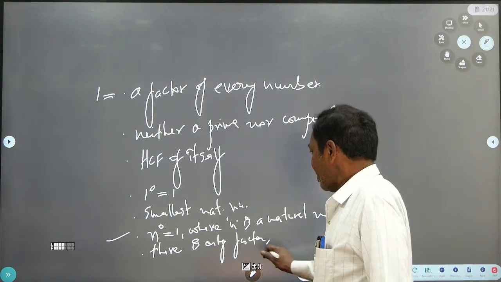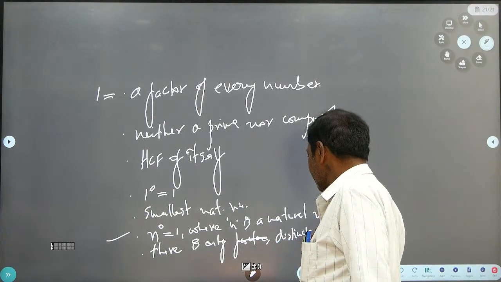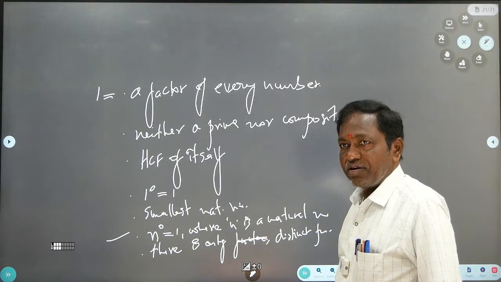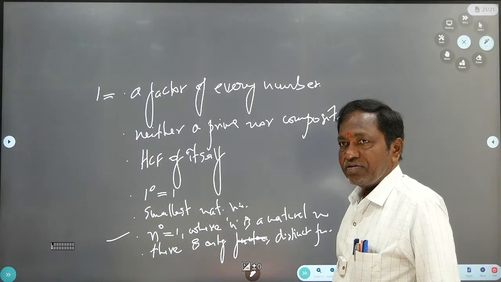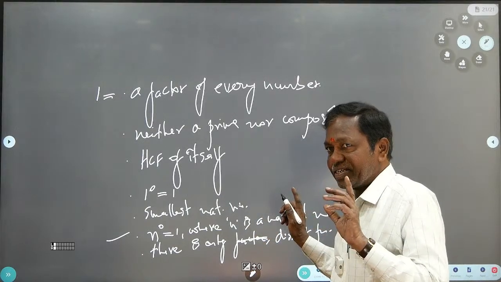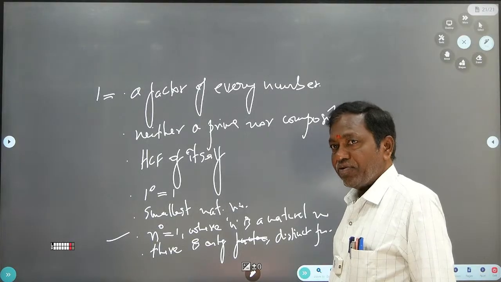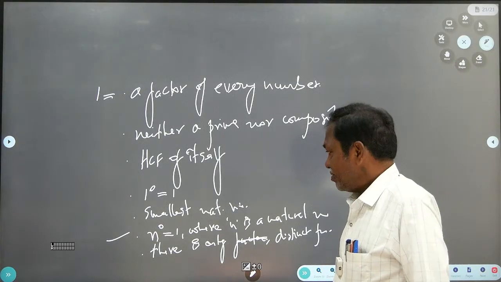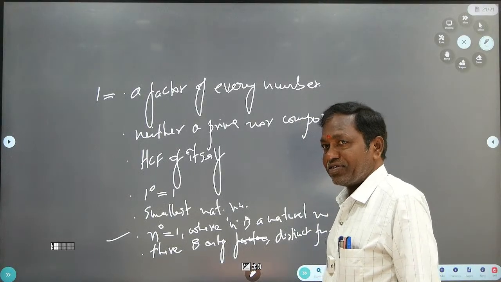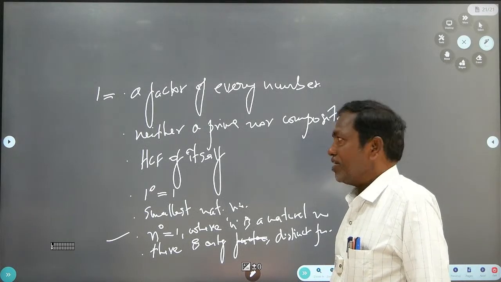So because 1 has only one distinct factor, we call 1 neither prime nor composite. Still, we will keep it like that for our sake. Any other thing?